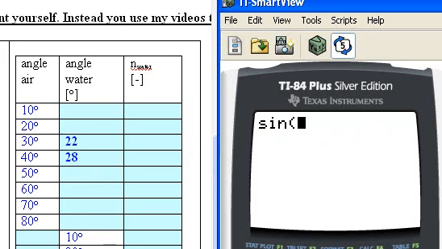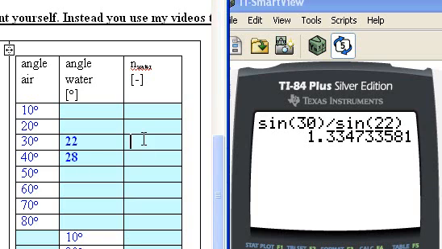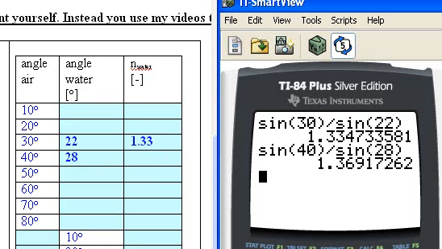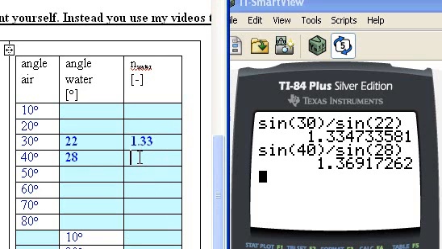So it's going to be sine of 30 divided by sine of 22, and 1.33. Sine of 40 divided by sine of 28. There we go, 1.37. And again, these numbers are relatively close to the accepted result.